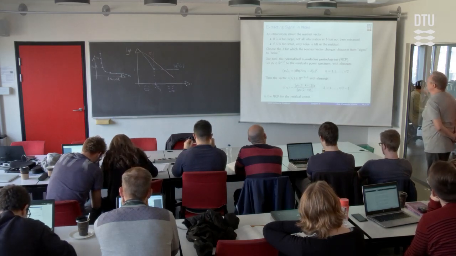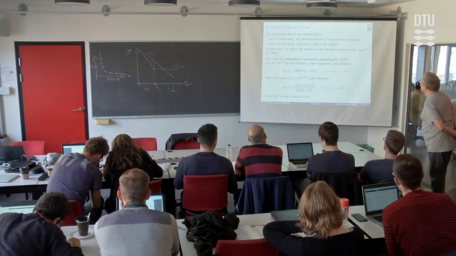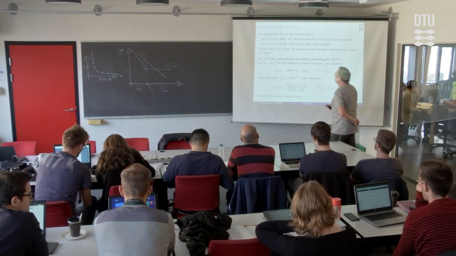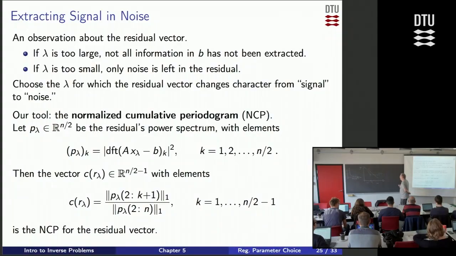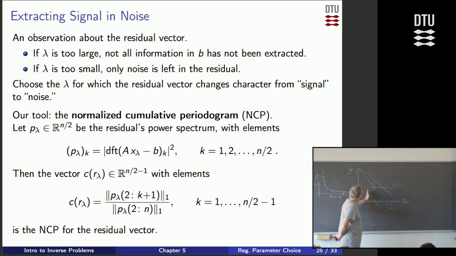And that's because we have an over-regularized solution. On the other hand, if the Tikhonov parameter lambda is too small, which corresponds to a too large truncation parameter, then we have extracted all the available SVD components that we can trust, plus some of the noisy ones.